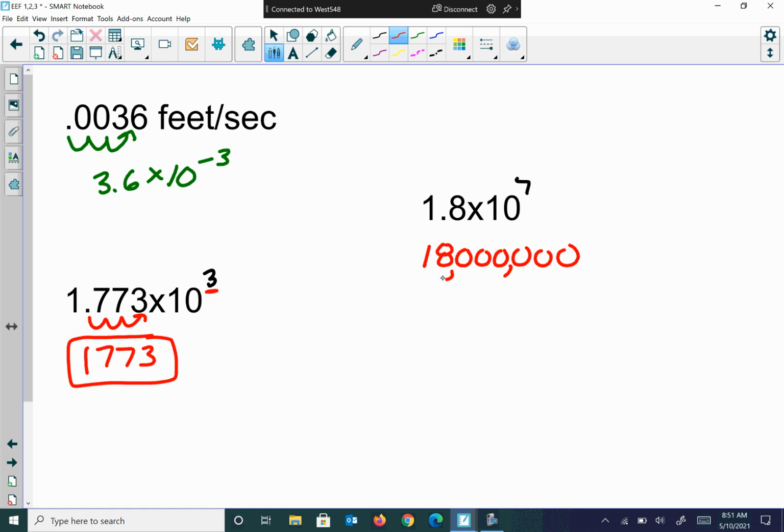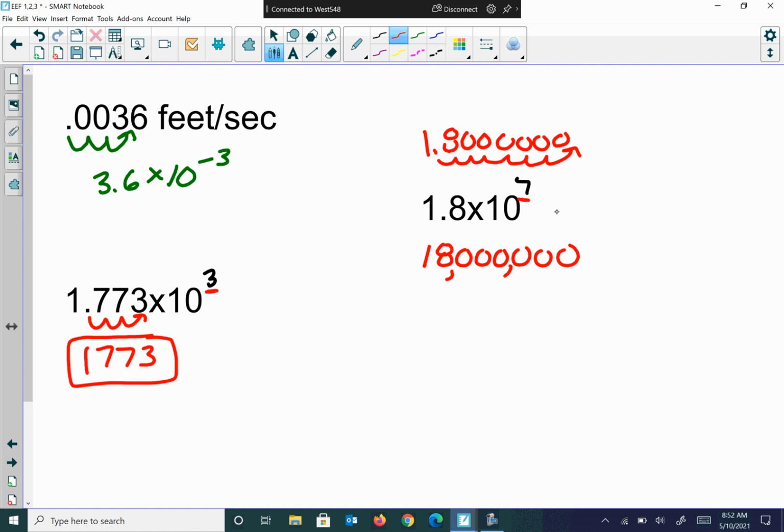Well, what happened here is, let's say I wrote this out, 1, 2, 3, 4, 5, 6. If this was raised to the 7th power, I'm going to go 1, 2, 3, 4, 5, 6, 7. It moves the decimal. So that's like saying 10 to the 7th. 10 to the 7th is 10, 100, 1,000, 10,000, 100,000, million, 10 million.